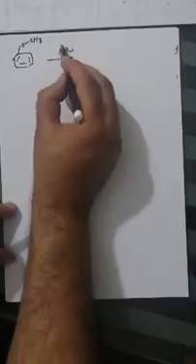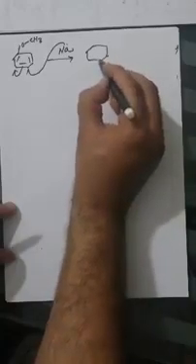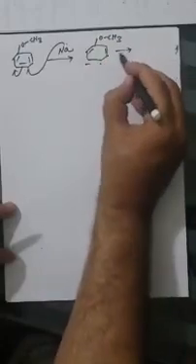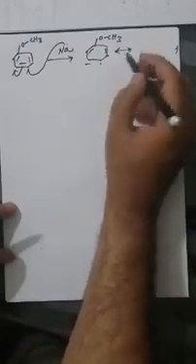What happened? Sodium releases an electron. The electron attacks here. Then a radical anion is formed, and this radical anion has resonating structures. Let's draw.